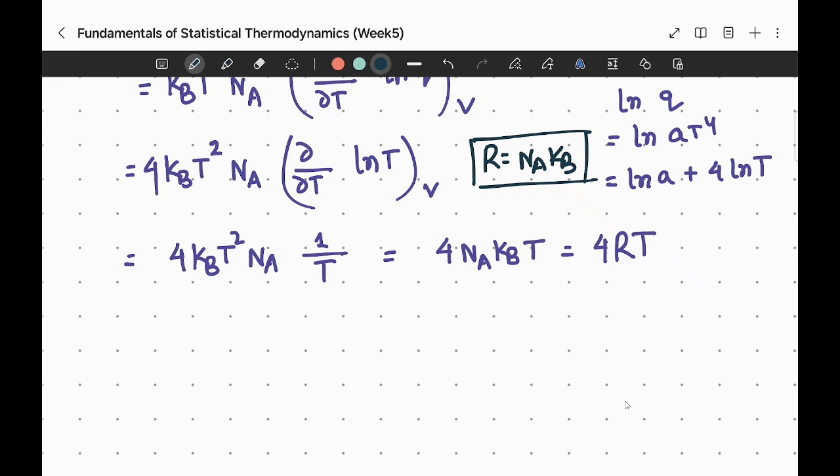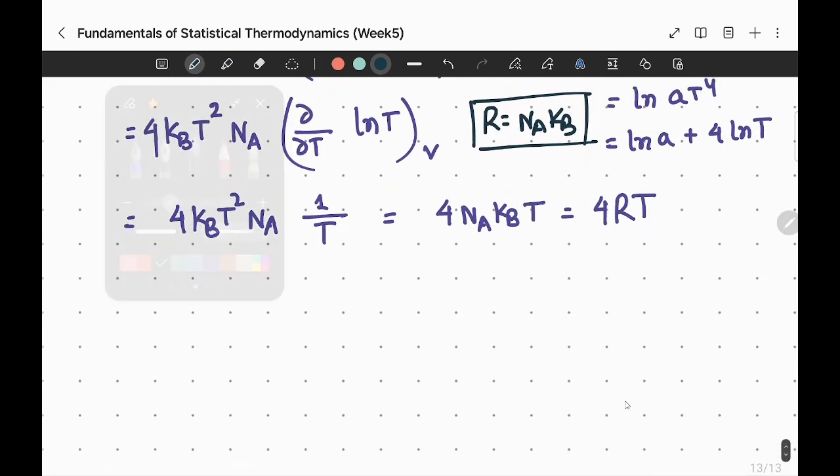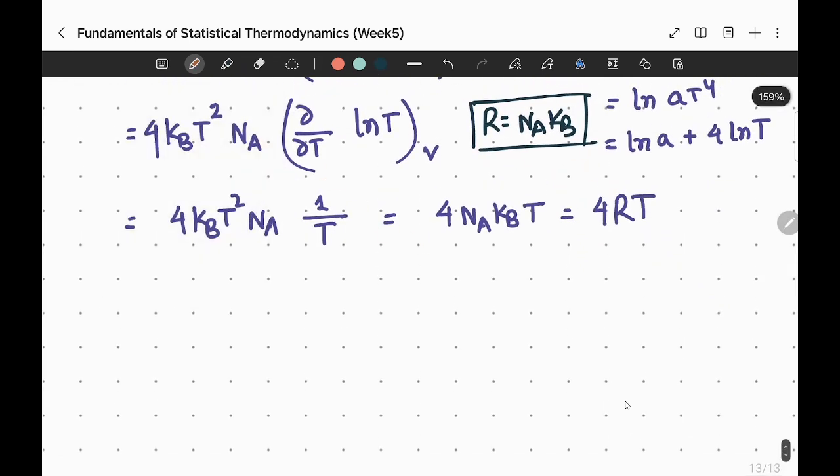If it is not 1 mole, then what should the answer be? It will be 4 N k_B T. But N is not N_A. Let's say N is the number of molecules and you don't know it. Then how can we write it?